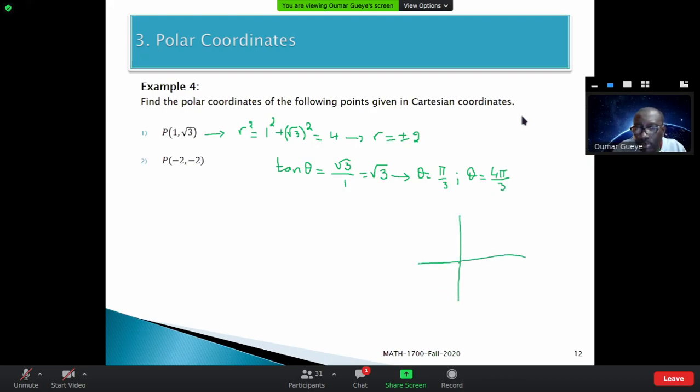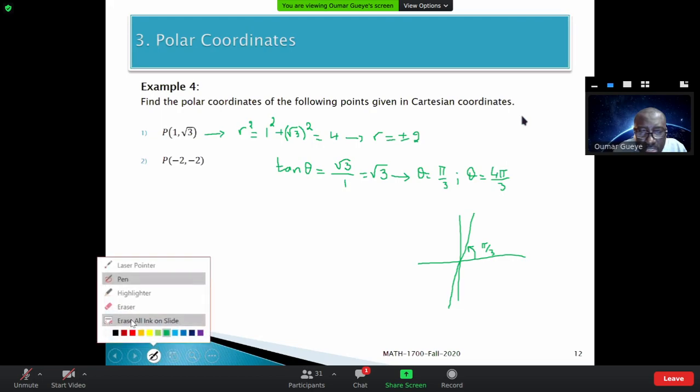So if this is pi over 3, this angle is pi over 3. It's 60 degrees. And the next angle for which the tan equals the same value √3 is obtained from the continuation of this line here.